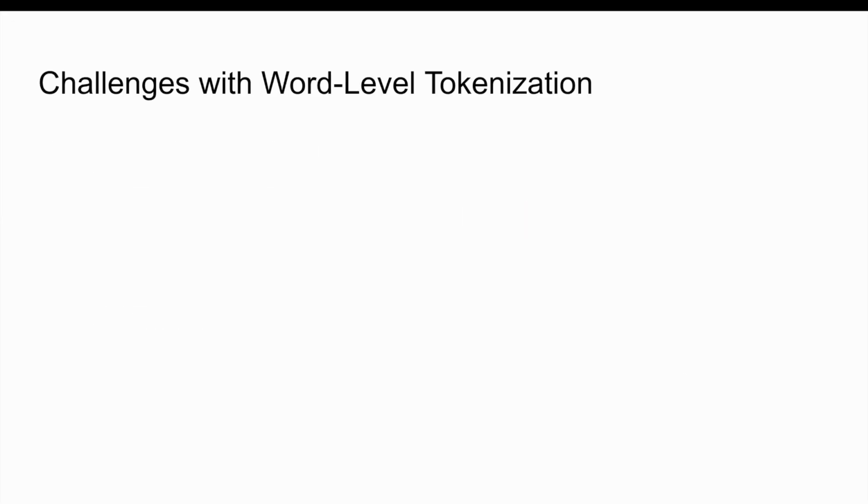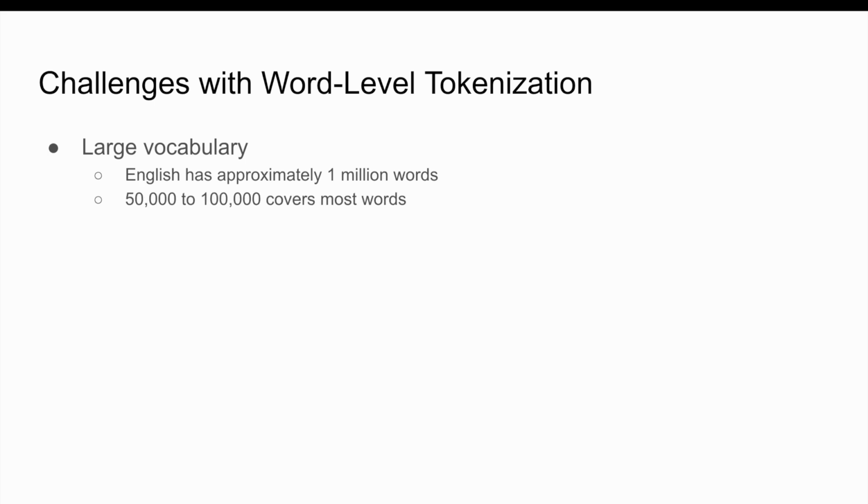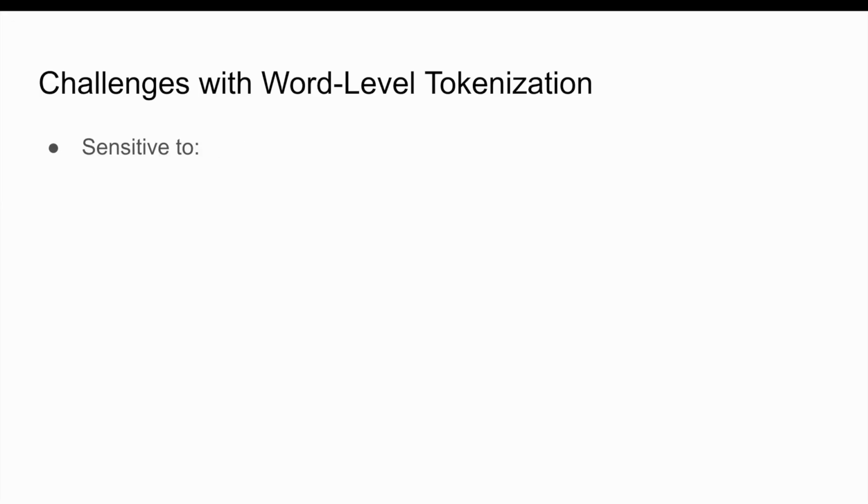Some challenges with this are that it requires a very large vocabulary. English has approximately 1 million words, depending on how you count it. Even with 50,000 or 100,000 vocabulary words, you're going to get most things, but anything that's not in the vocabulary is just going to be UNK, or unknown.